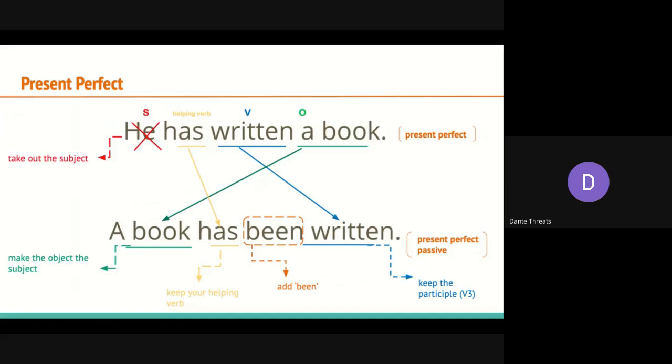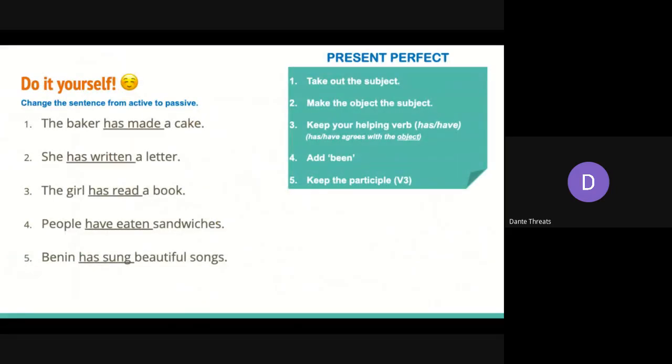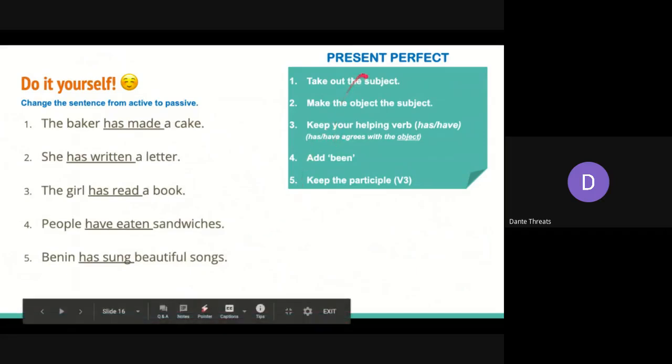All right, let's see if you can put these into practice. Okay, so yes, this is the present perfect. We have to change these from the active to the passive. There's a couple of rule changes here.